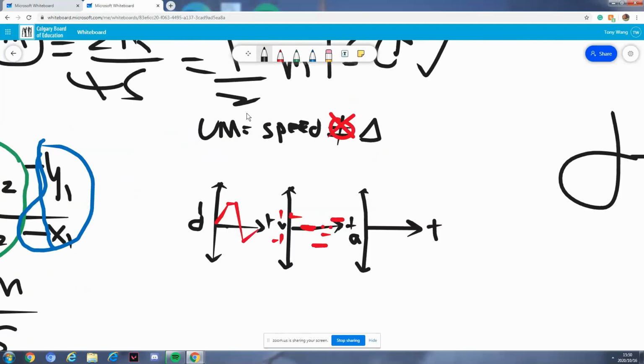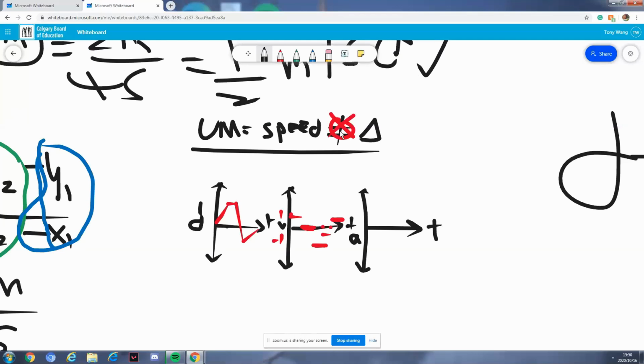And what is the definition of uniform motion again? Uniform motion is the speed staying constant. And does the speed change at all if it's constant? No, it doesn't. So does the object accelerate?